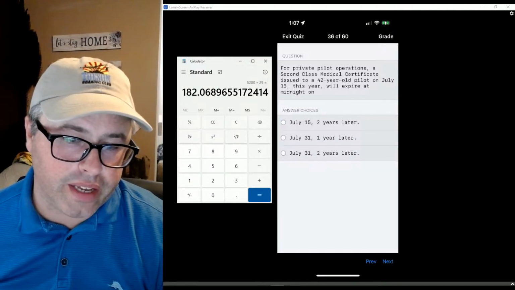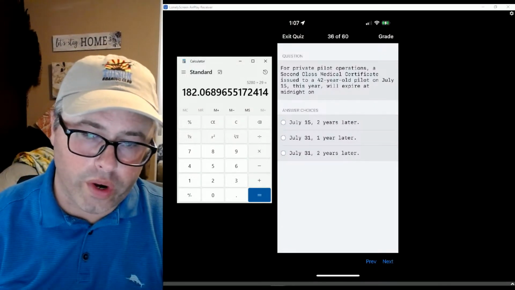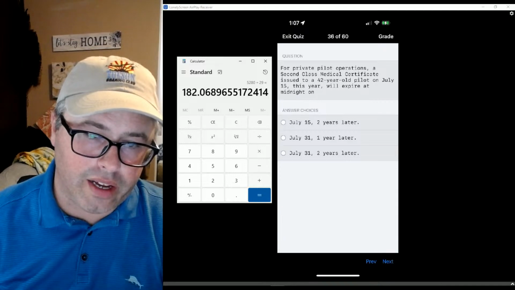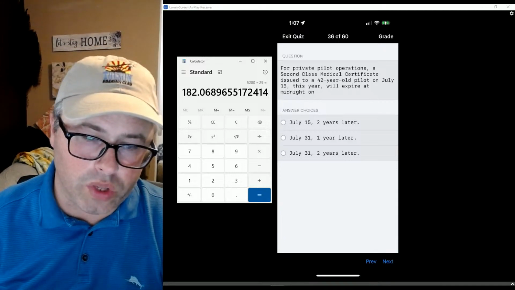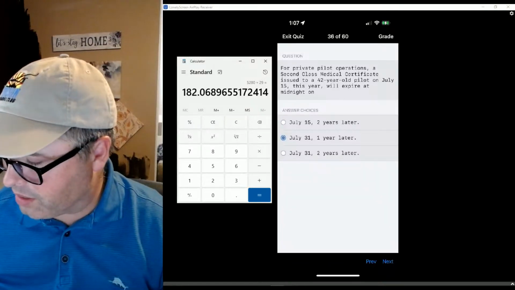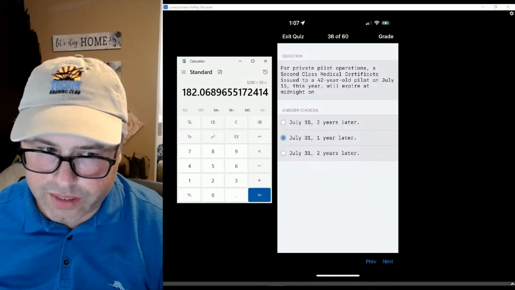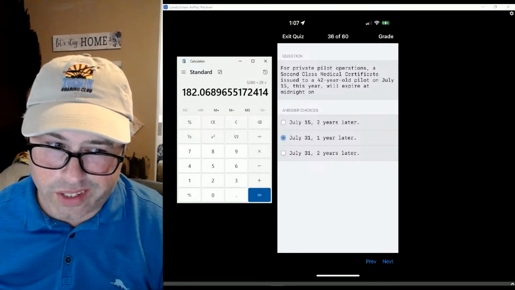Now it's July 31st, one year later or two years later. For people over 40, a second class medical will last for one year. This is not a great question, but you're going to see them on the knowledge test. So you have to know it at least for the knowledge test, and then you can kind of forget about it.